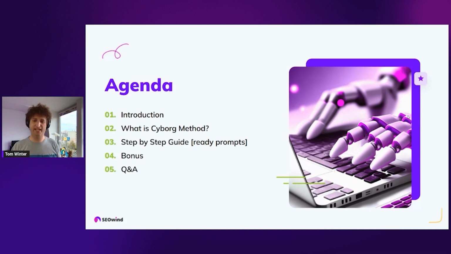To give you a little heads up about me, who I am, what I do, and why I'm talking about this topic. I'm one of the founders at SEO Wind, which is a tool to create comprehensive SEO briefs based on data, because briefing is super important for writing content.